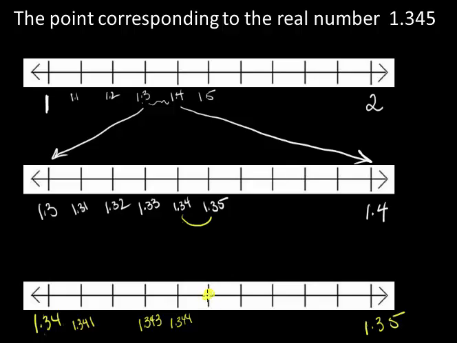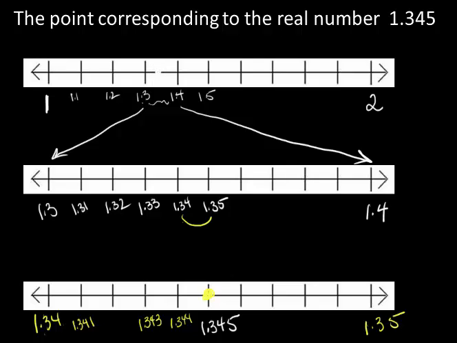So I could put the dot right here, and this is 1.345. But now back on our original line up there at the top, I don't know exactly how to put it in up here. It's between 1.3 and 1.4, and it's a little less than, maybe I'd put it about right here.